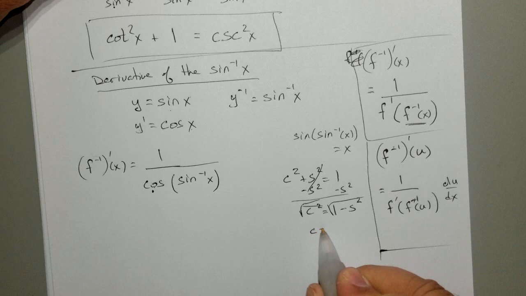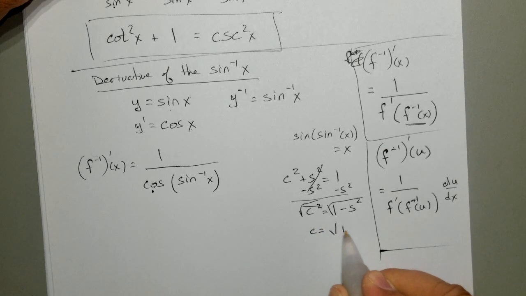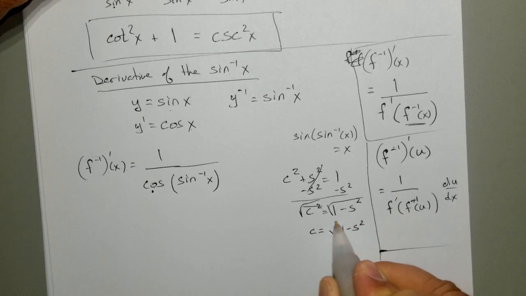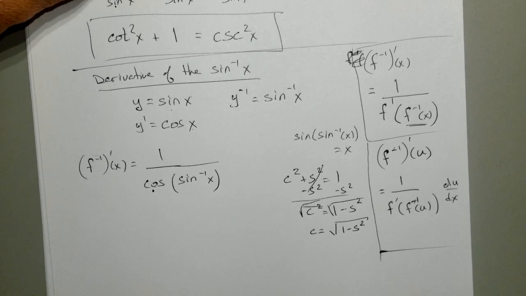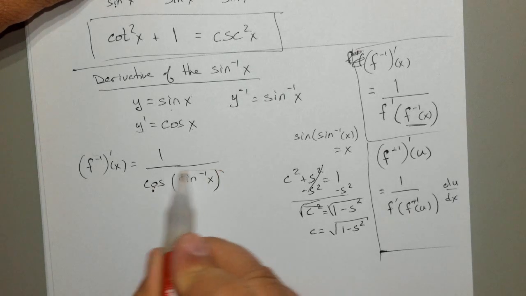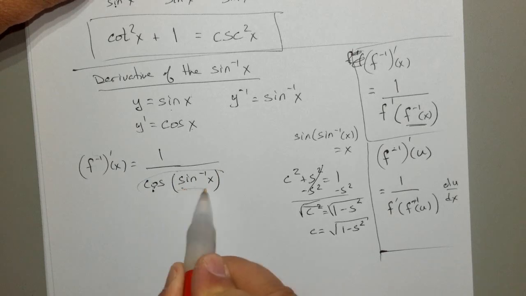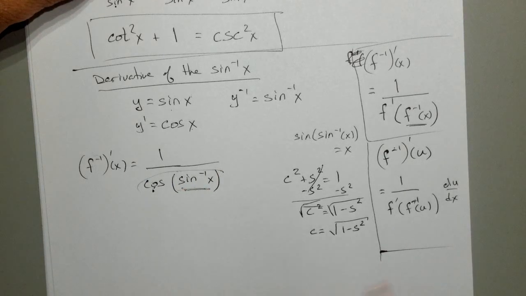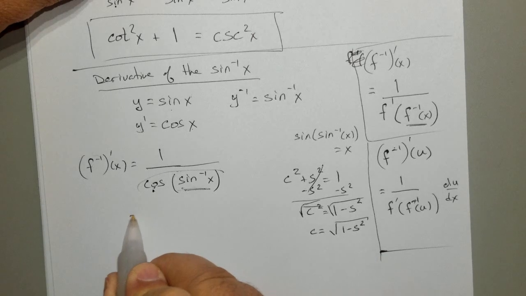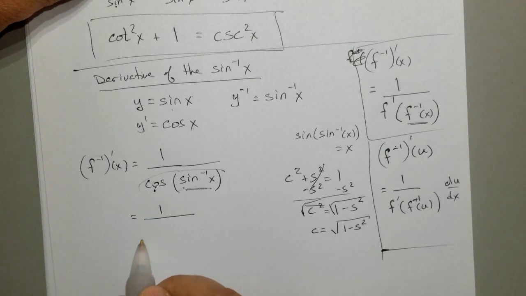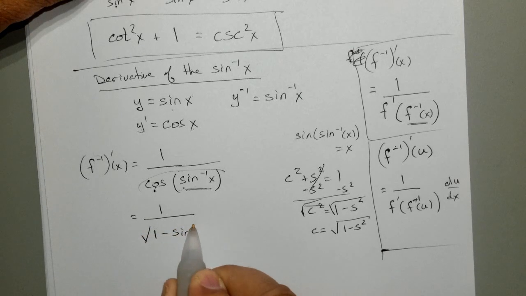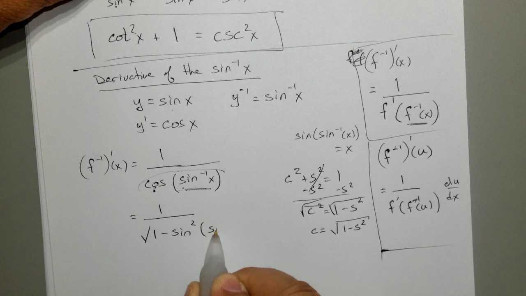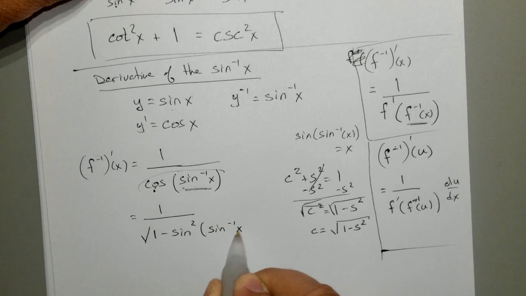So cosine is actually the square root of 1 minus sine squared of x. So this entire expression is the cosine's argument, the x. So we have here 1 minus sine squared of sine inverse of x.